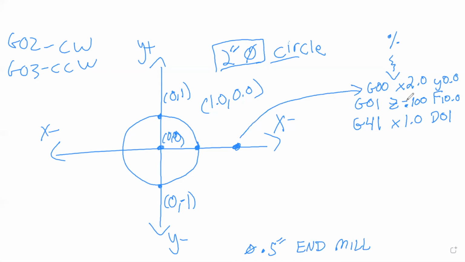Now we're going to turn cutter comp on. This is cutter comp left. We will be using climb cutting. So now we turn cutter comp on. We move to the part geometry at X 1.0, and we call out a D of 01, suggesting that we're using tool 1 to do this workpiece.